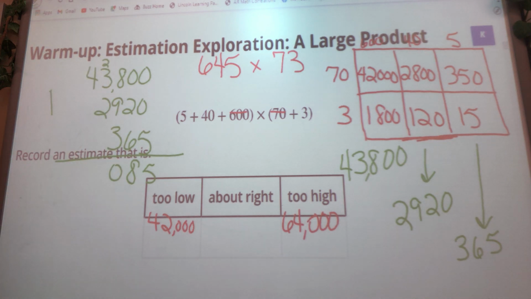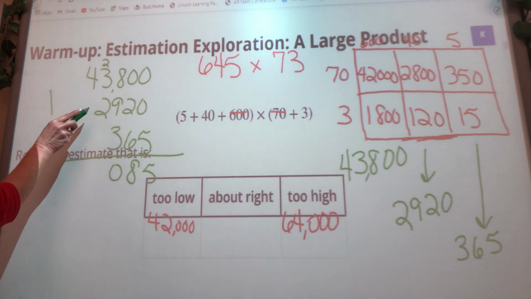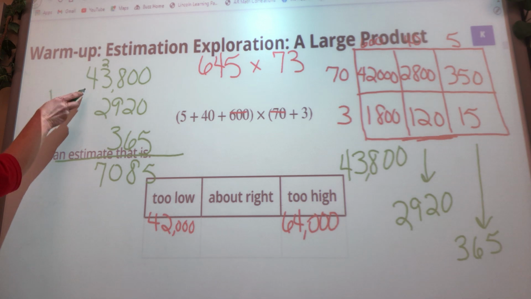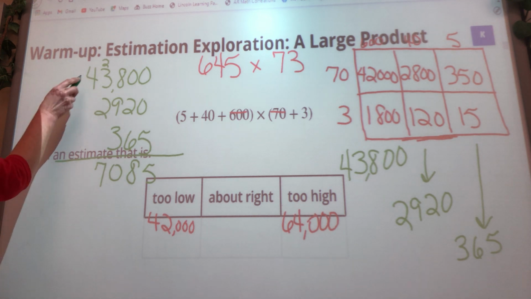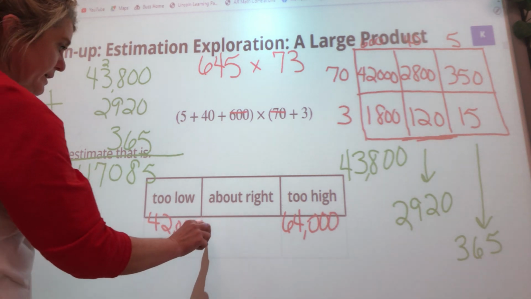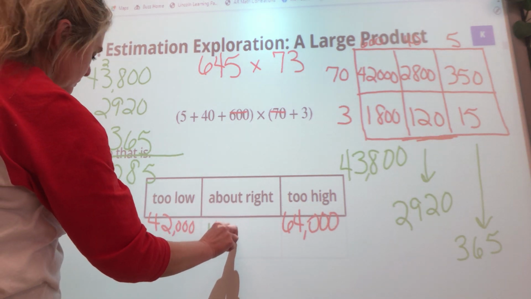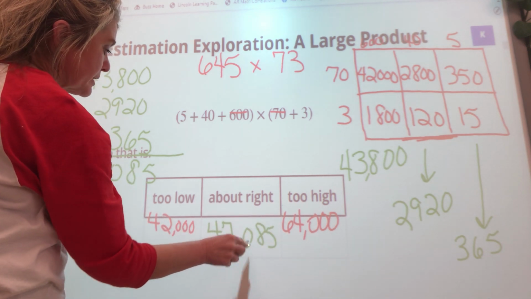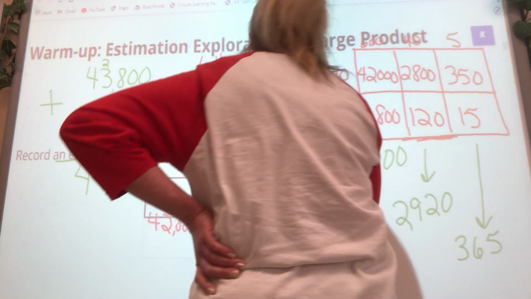So we'll carry our 2. 2 plus 3 is 5. Plus 2 is 7. And then the only thing in the 10,000s place was our 4. So we have 4,785.